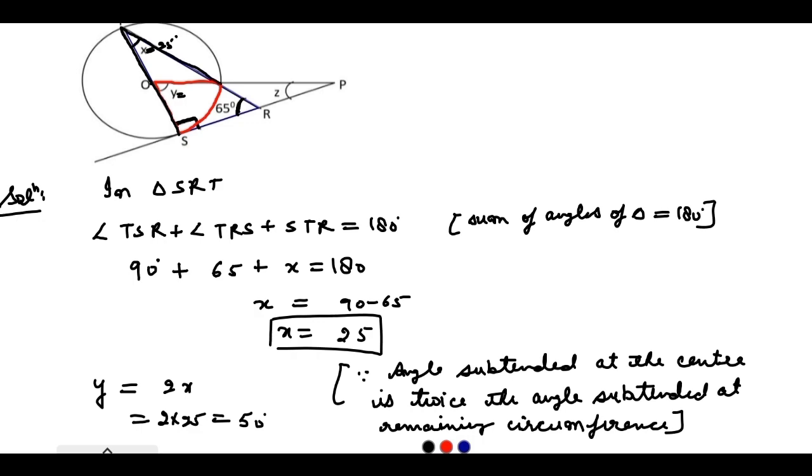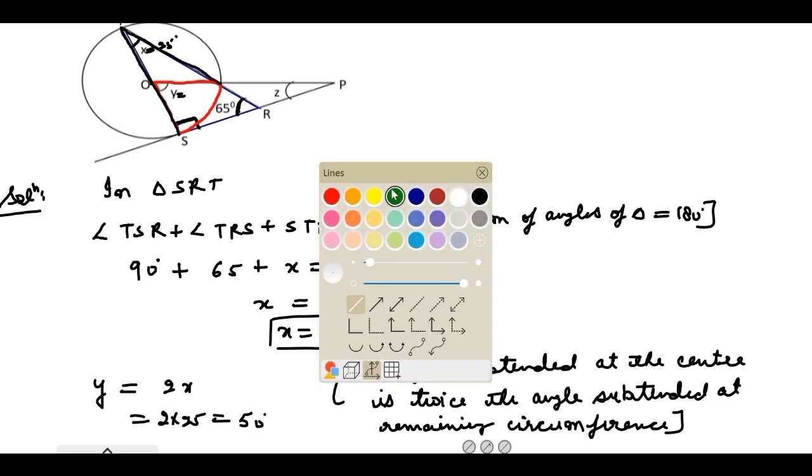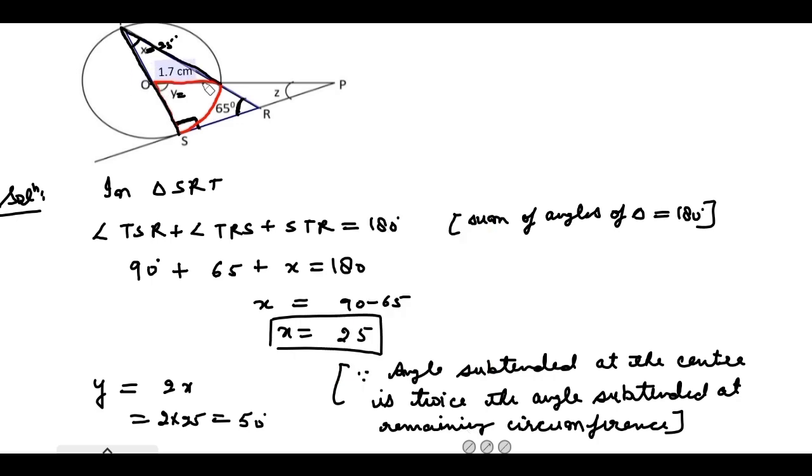Now we have to find z. For this we are considering the triangle OPS.